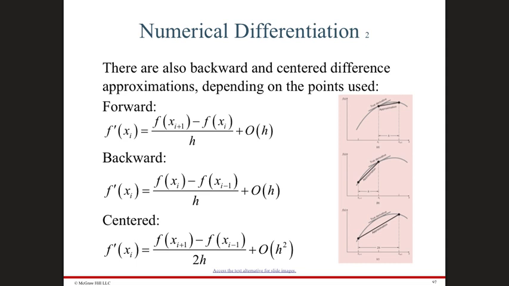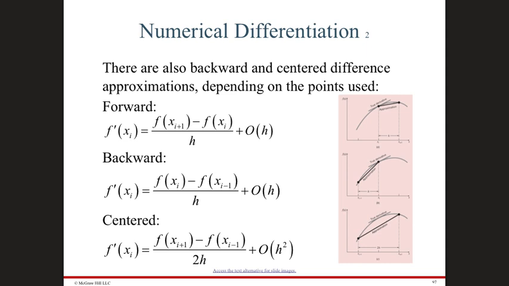Here, you want to get the differentiation of this function at xi. You take the point after xi, so xi plus 1, subtract from that the value of the function at xi, and then divide by h, which is the distance between xi and xi plus 1. That's the step of the numeric calculation.